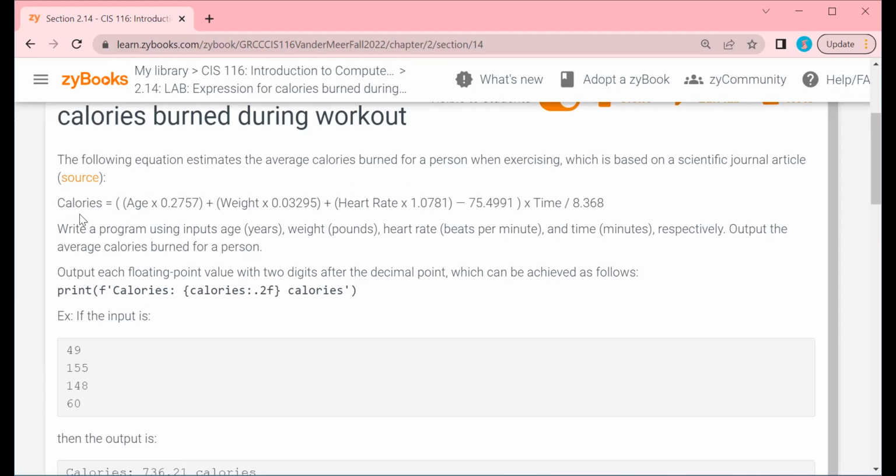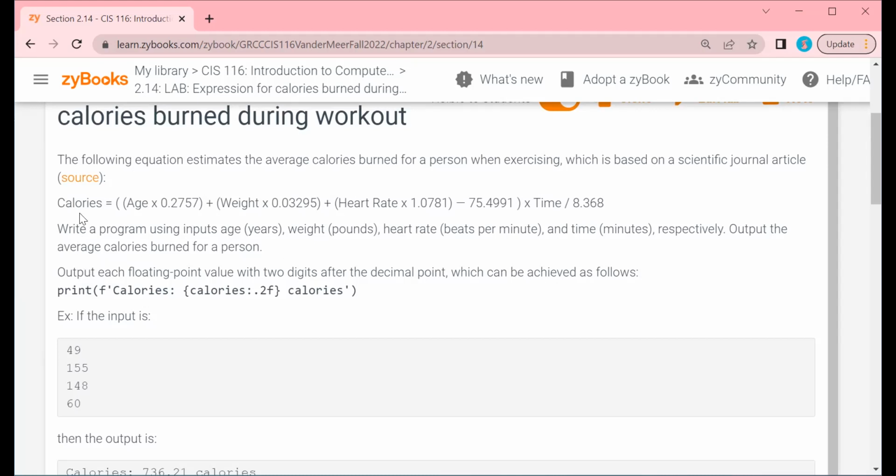So I'm basically trying to figure out, based on my age, my weight, my heart rate, and the amount of time that I exercise, how many calories can I burn? So I'm going to write a program that has user inputs of age, weight, heart rate, and time, like how many minutes I exercised.